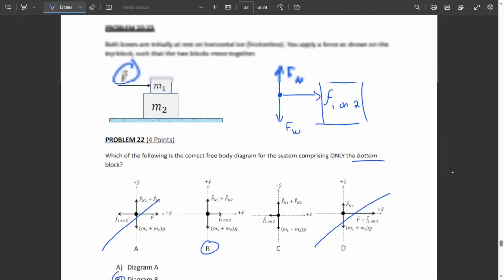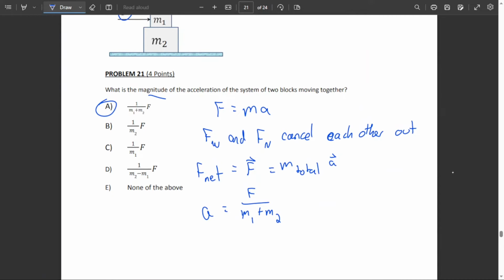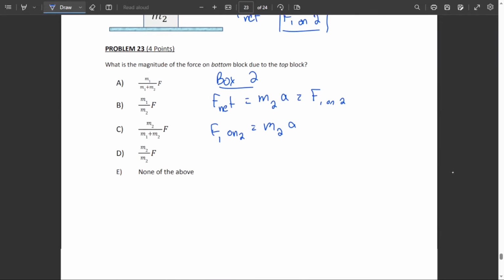If we go back to 21, we got this expression for the acceleration of both boxes together. And like I just said, box 2 and both boxes together must have the same acceleration. So we can actually take this expression right here and plug it in for a in our expression for box 2.